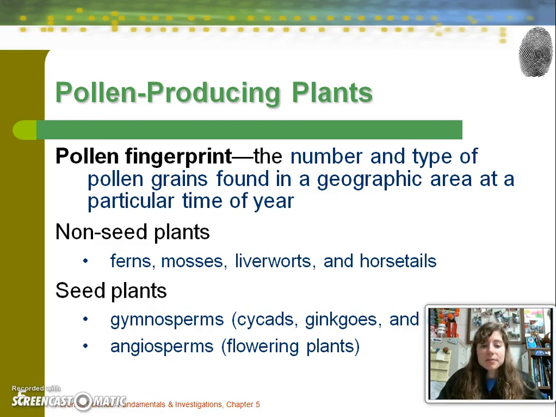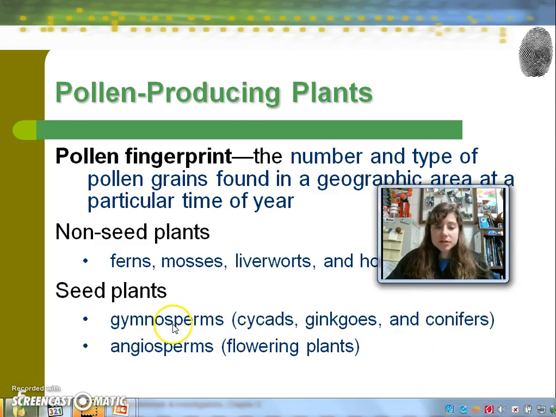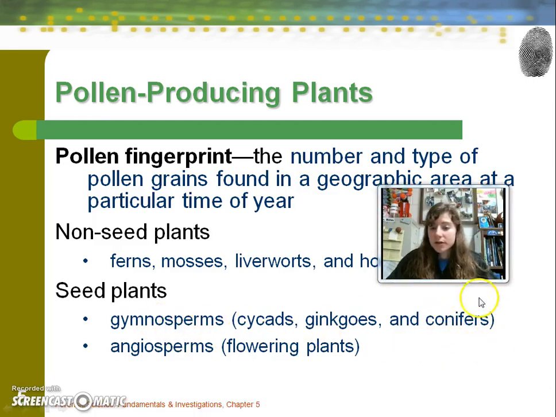Now, there are some non-seed plants, which include ferns, mosses, liverworts, and horsetails, and these would be spore-producing plants, whereas seed plants, such as gymnosperms, including conifers, pine trees, Christmas trees, as well as the cycads and ginkgos, are going to produce the kind of pollen that gets everywhere in the spring, all over your car.